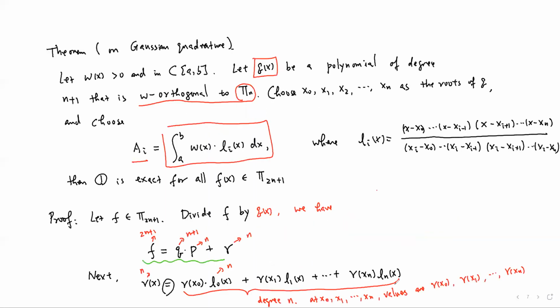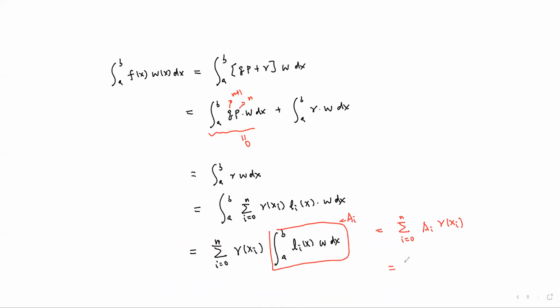However, from this equation, f(x_i) equals Q(x_i) P(x_i) plus R(x_i). But recall that the nodes are the roots of Q, so Q(x_i) is 0 because x_i is a root of Q. So this is equal to R(x_i). Therefore, this is the summation from i equals 0 to n of A_i f(x_i).